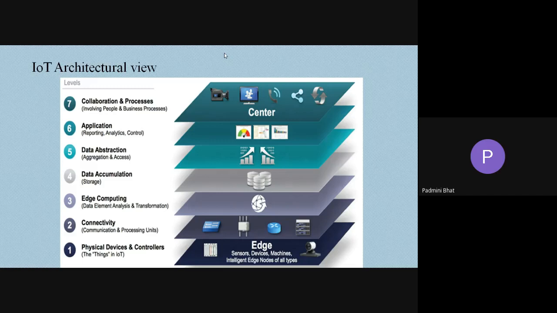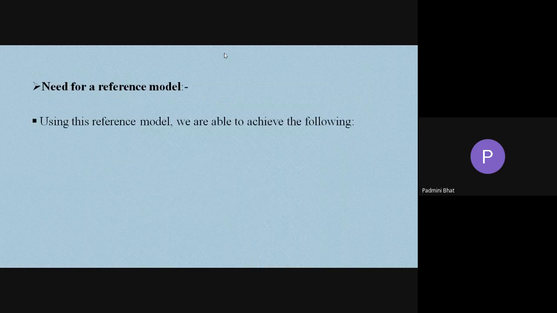But what we are showing is the Cisco conceptual framework. Almost all are the same. According to this, depending on the application, one of the layers will be high and another layer will be less. That's all.